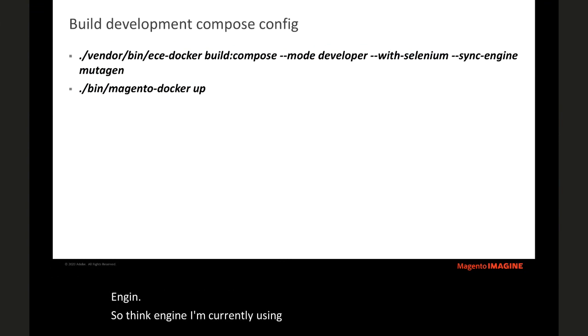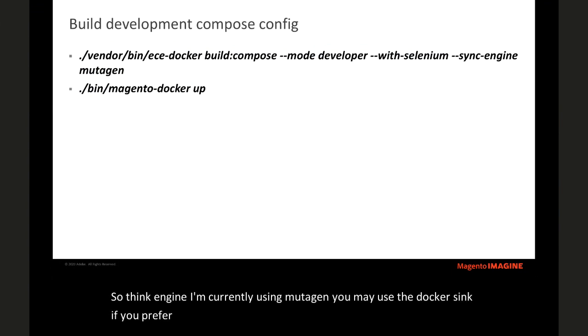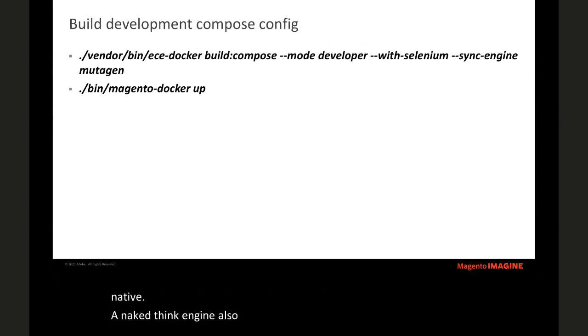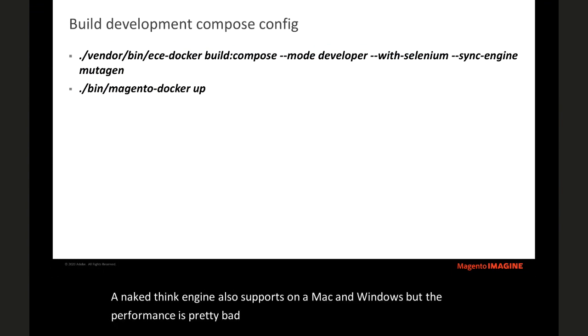You may use Docker sync if you prefer it, or if you have Linux, you will have to pass sync engine native. Native sync engine is also supported on Mac and Windows, but the performance is pretty bad there. So currently for Mac and Windows, we still suggest to use Mutagen or Docker sync.